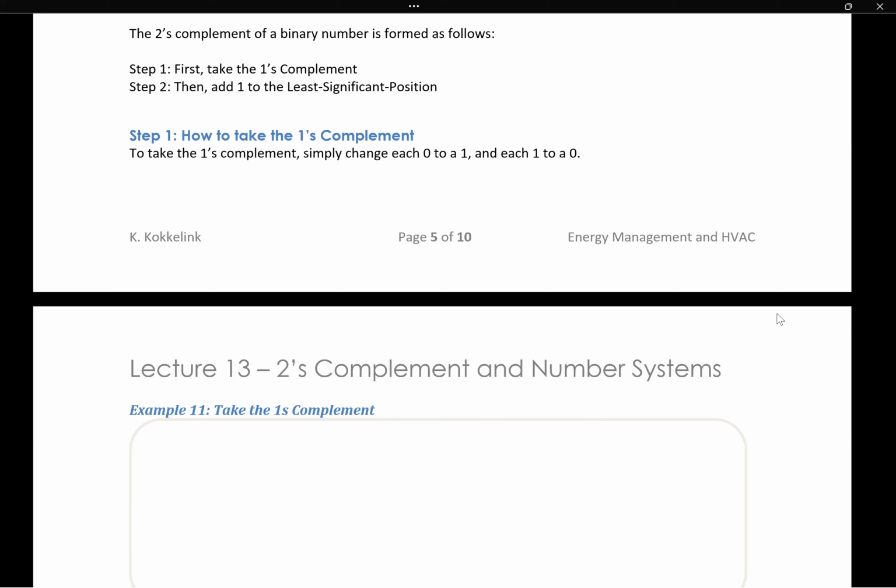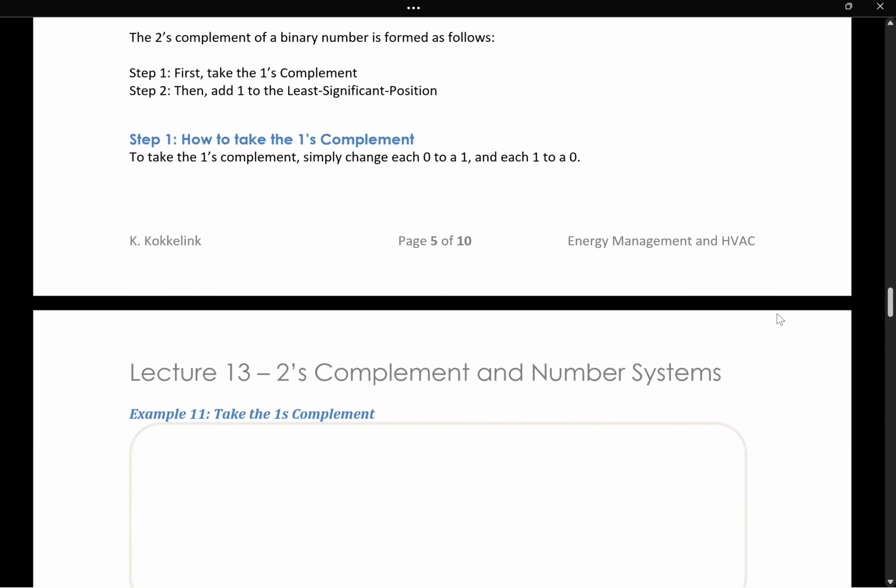What is a 1's complement? A 1's complement means that we change every 1 to a 0, and we change every 0 to a 1. It's as simple as that. That's what a 1's complement is. So let's take an example.